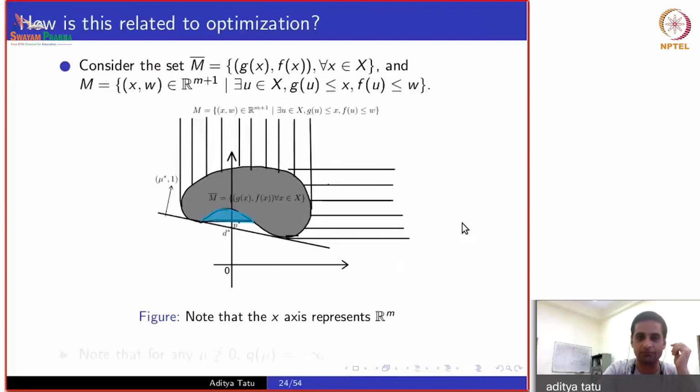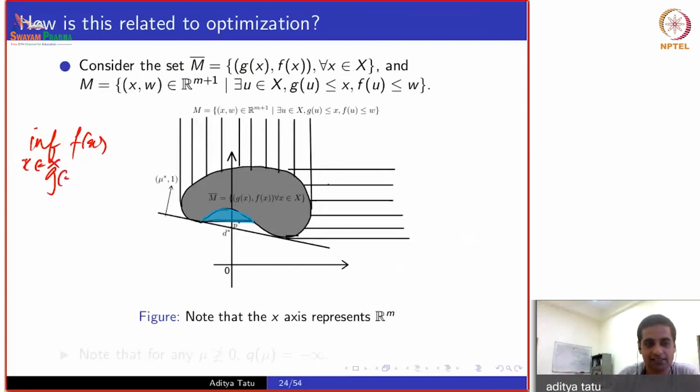So now the question is, how is this related to optimization? Let's bring it back to where we started. Remember, the optimization problem was, maybe you've forgotten it already: x is in X such that g(x) is less than or equal to 0. I'm going to represent the value of this function g(x) at any x in R^m.